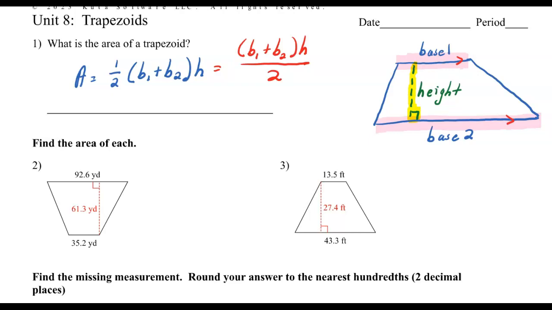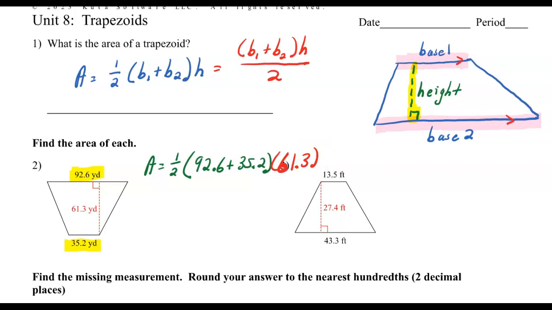In problem number 2, the area is 1/2. The bases are 92.6 and 35.2. It doesn't matter which one you call base 1 or base 2, so I'll just say 92.6 plus 35.2. Then I need to multiply that by the height, which is 61.3.